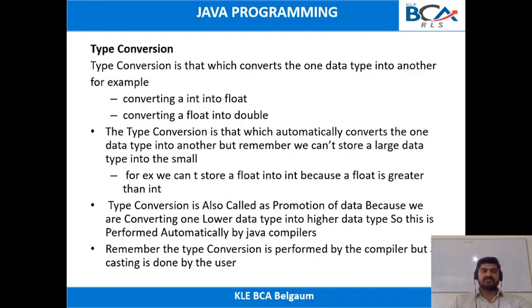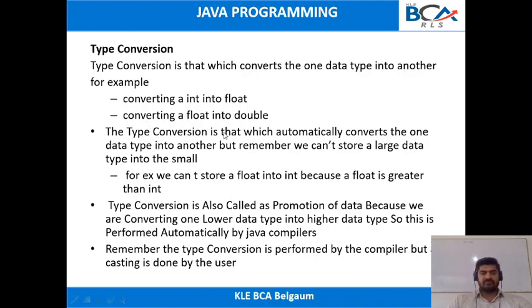So next we will discuss type conversion. Type conversion is nothing but the conversion of one data type into another data type. Here you can consider the example of converting an int to float or converting a float to double.